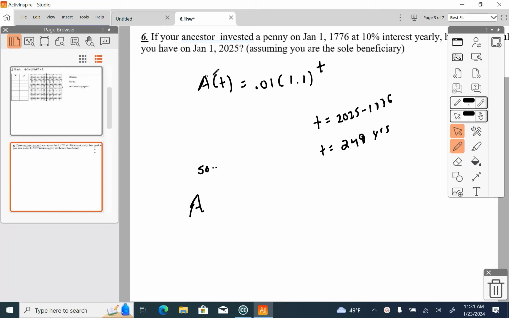I am letting time be 249, goes there, goes there. The amount in 249 years is going to be 0.01 times 1.1 to the 249th power. And it's going to be a big number, more than you think.